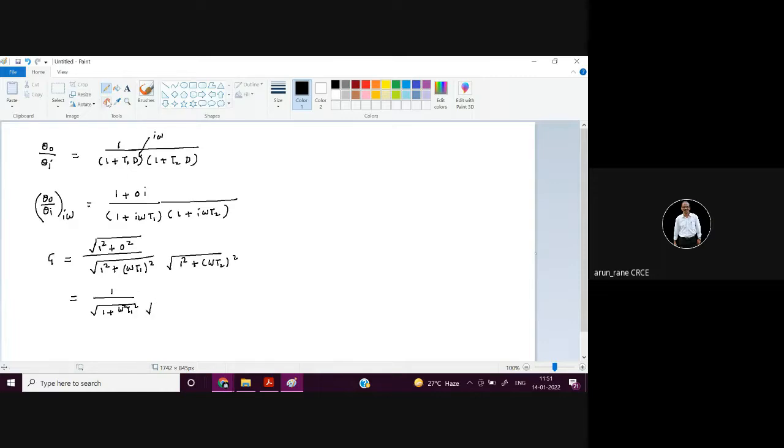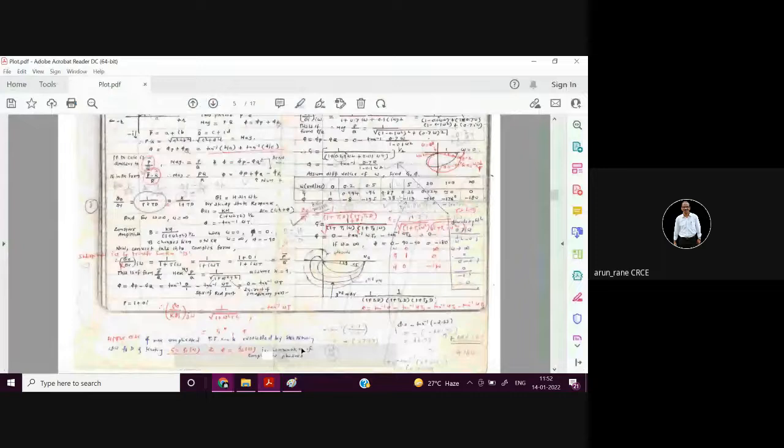Or we can write this in power form: 1 plus omega square T1 square raised to half, and again 1 plus omega square T2 square raised to half, like that it is. Okay, this is what is shown here. This is your imaginary part omega T1, this is your imaginary part omega T2, right?